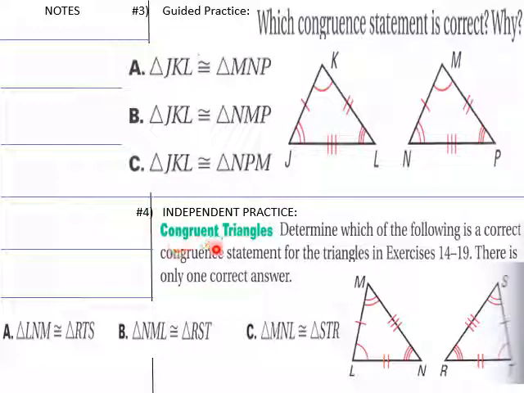And then students, this is on you. Determine which of the following is a correct congruent statement for the triangles in exercises 14 through 19, but there is only one correct answer. For this case here, between these two triangles, which one of these congruent statements would be correct?